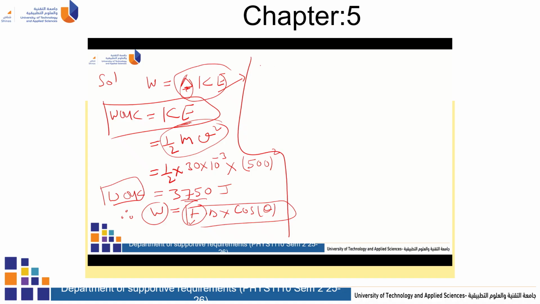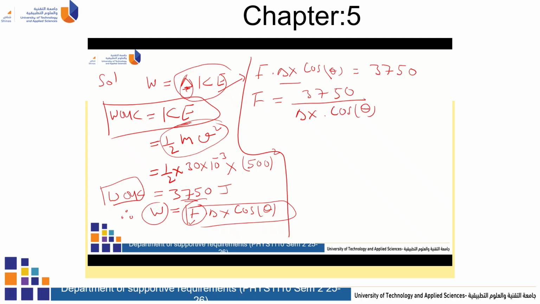So I'm keeping here the force multiplied by the displacement and the cosine theta, equal to 3750. And I need to find the value of the force. So the force is equal to 3750 divided by, this will go to the other side, the delta x multiplied by the cosine theta.